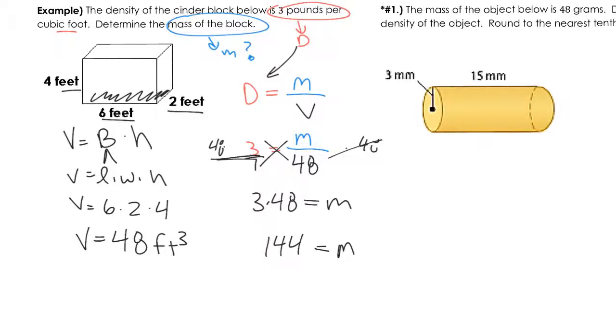Actually, lbs is pounds. So it's 144 pounds. And if you think about it, that makes sense. If I had a cinder block that was 6 feet long, you've seen those concrete blocks that are gray, they're really heavy. A 6 feet long one would be super heavy. It's 144 pounds. That makes sense.